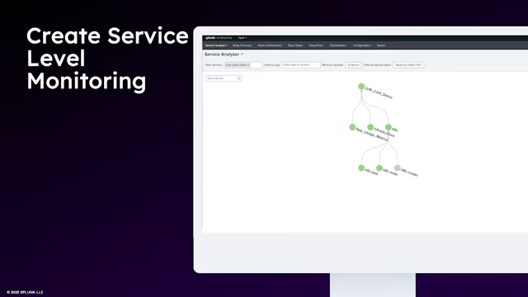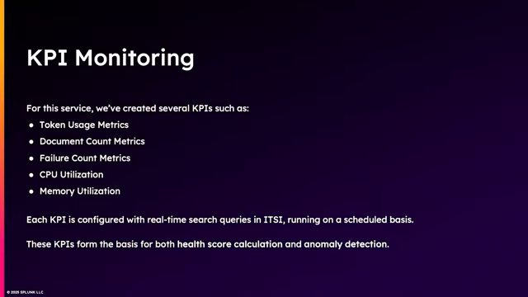Here you can see on my screen, a service tree has been created for my LLM Conf demo service with dependent services. The green represents that the service health score looks good, and when it turns bad, it will turn red. Let's talk about KPIs.